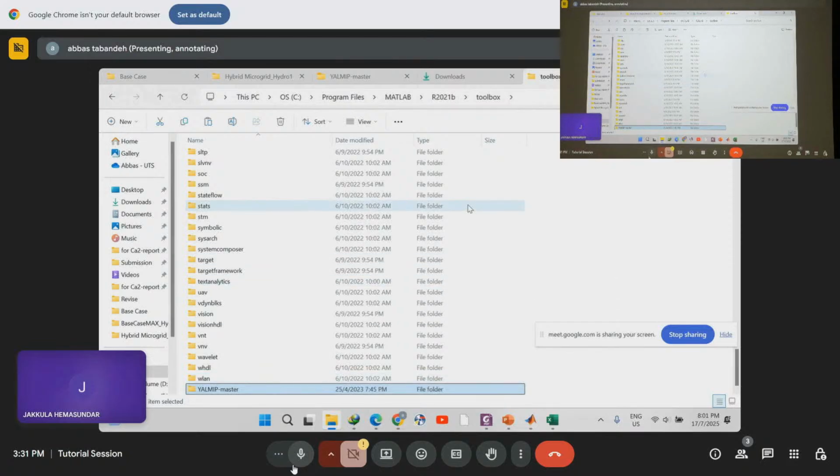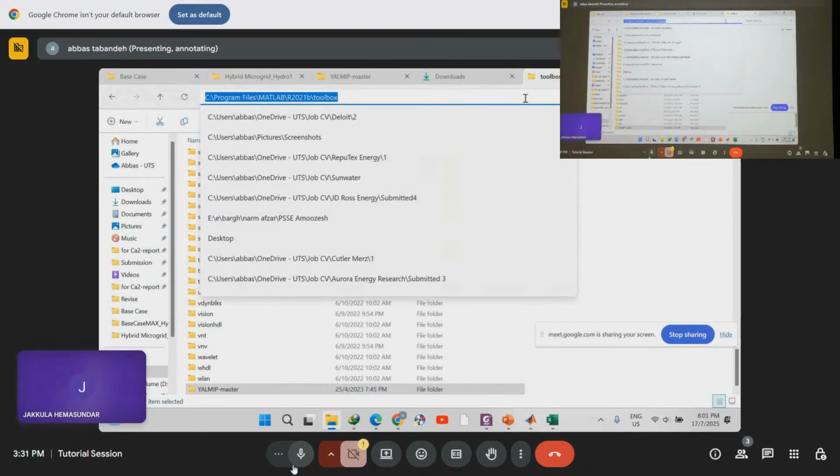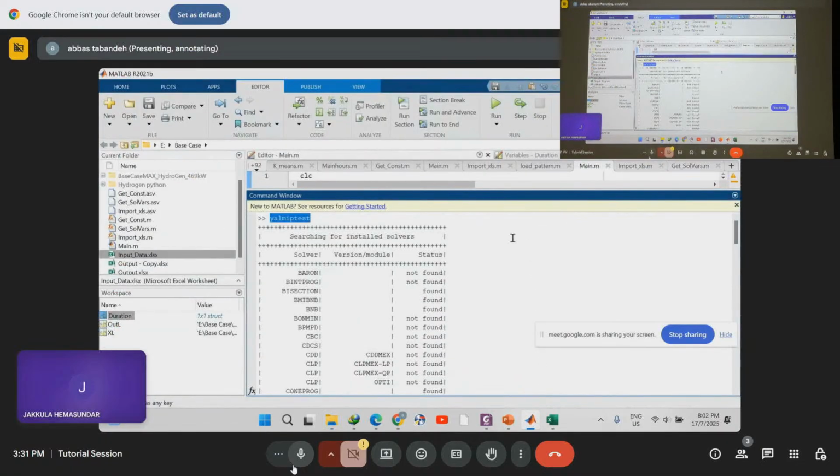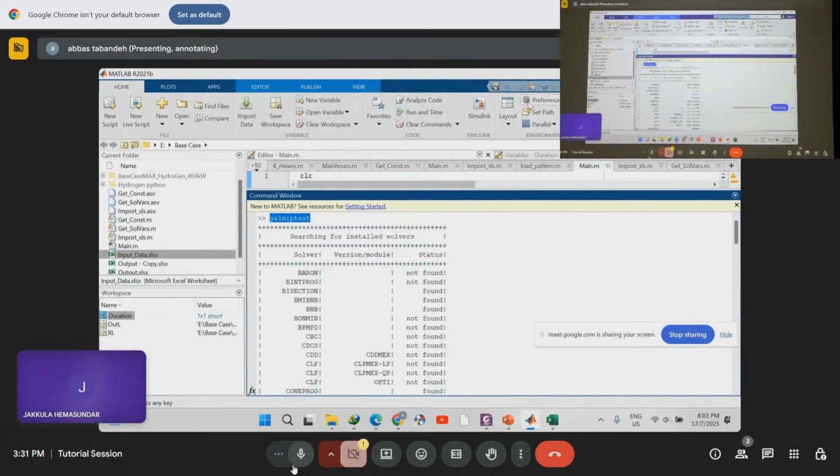After you paste it here, copy this directory again and get back to your MATLAB. In the Home tab, go to Set Path.